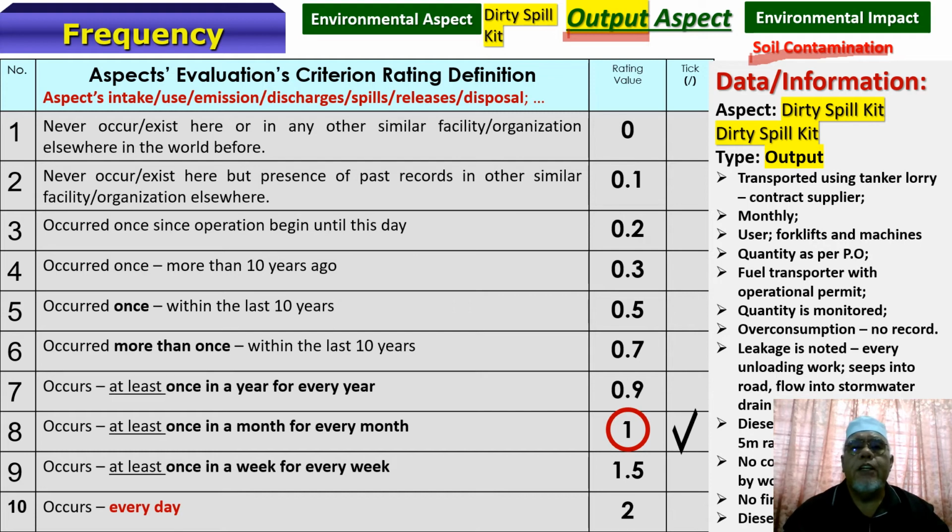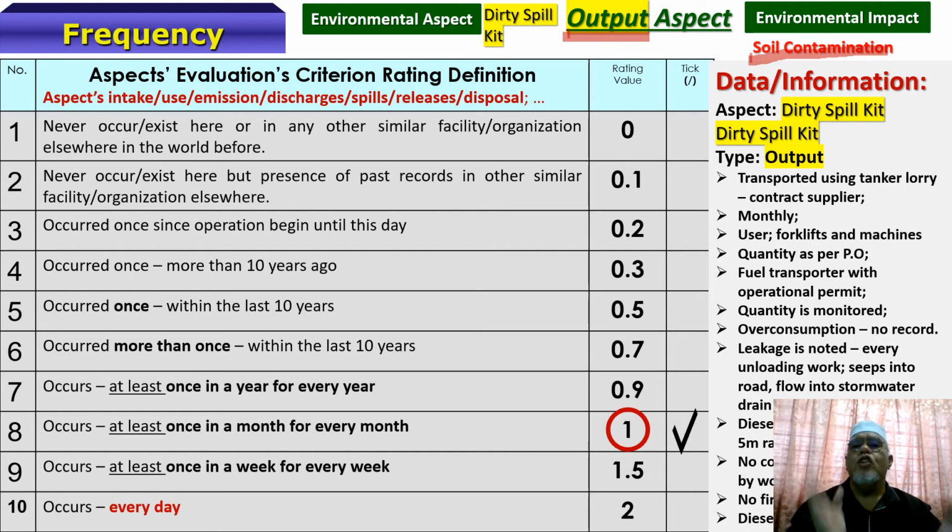So for this particular spill kit, apparently every time the diesel transfer is occurring, there is going to be a spill. And the volume of the spill, apparently from our site review on this particular area that day, is the same quantity. We ask, how much spill kit have you been using? That much. Is it consistently the same? Yes.